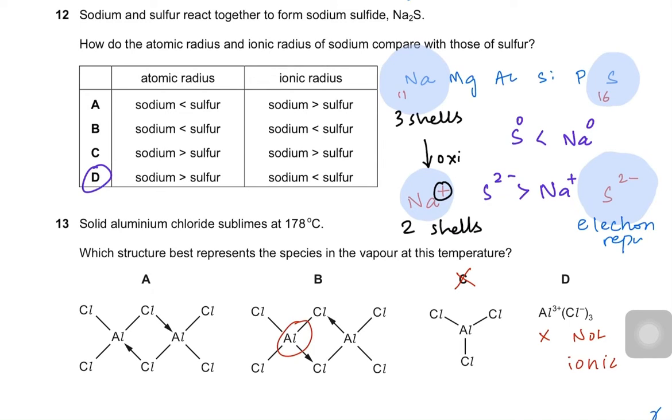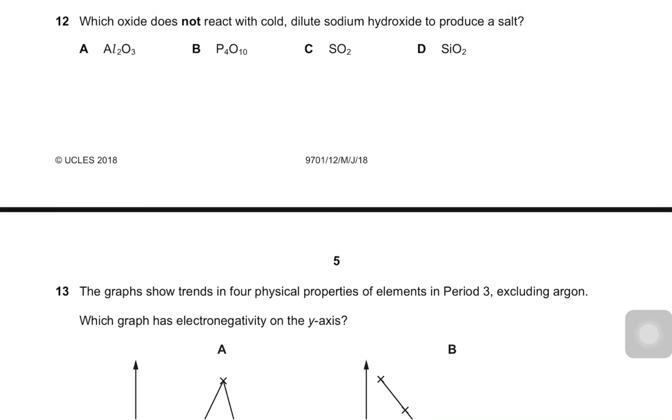Chlorine is the lone pair donor. If you look at option B, they are giving the arrow from aluminium, which is wrong. Aluminium is not a donor, it's an acceptor of electron pair. So B is wrong. Let's go for option A. Option A makes more sense because chlorine is donating the electron pair and the arrow is going towards aluminium, so it's accepting. So A is a good answer here.